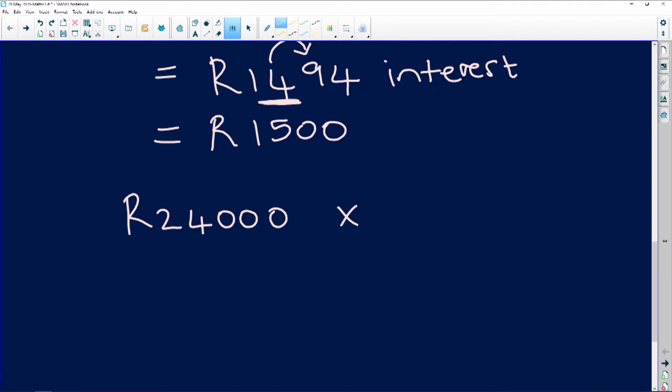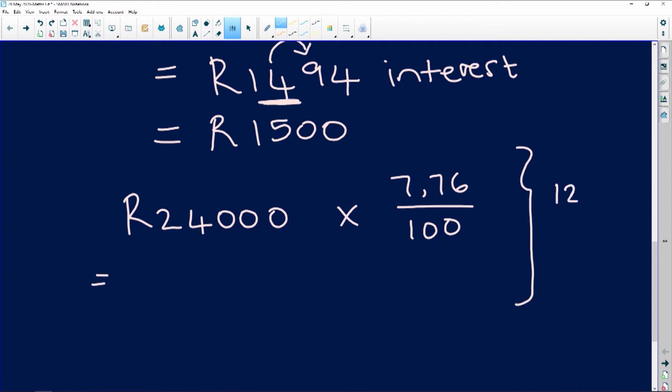So it's going to be 7.76 all over 100, because it's percentage, and we want to know how much it's going to be. So this whole thing here is going to be for 12 months.